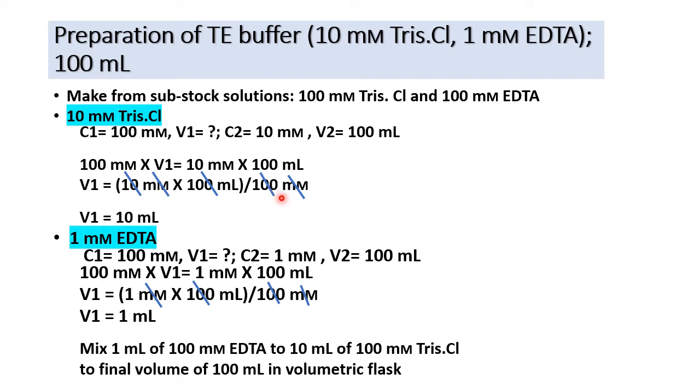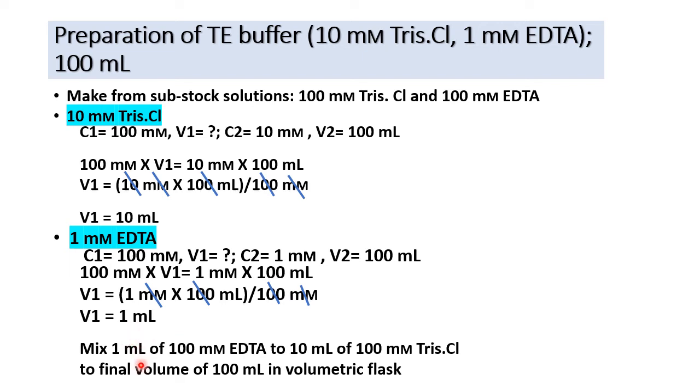By cancelling out the units and doing this simple mathematics, you come up with 10 ml. Similarly for EDTA, 1 millimolar is what you want to make, this is the volume you need, and this is what you have, and here you get 1 milliliter.